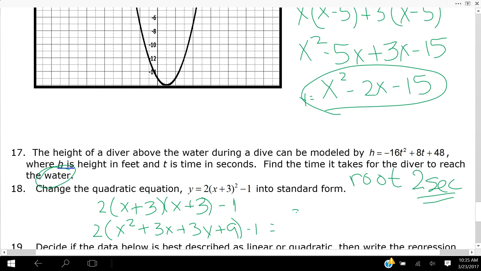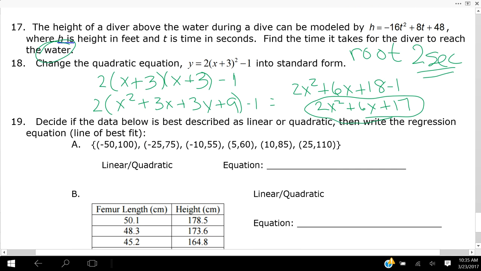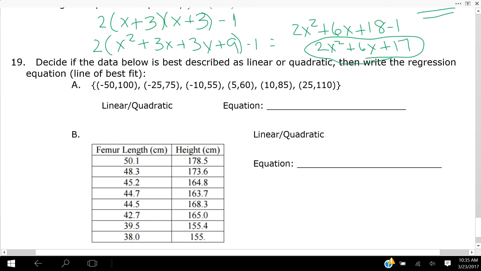So I end up with 2x squared plus 6x plus 18 minus 1. 2x squared plus 6x plus 17. There's my standard form. So I just had to multiply everything out and combine terms.